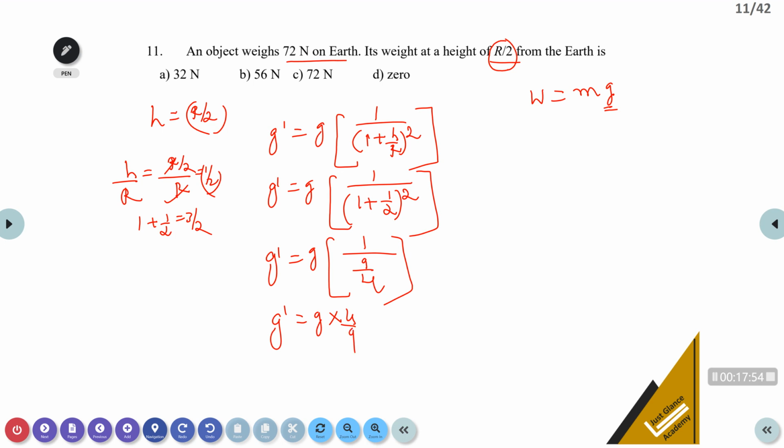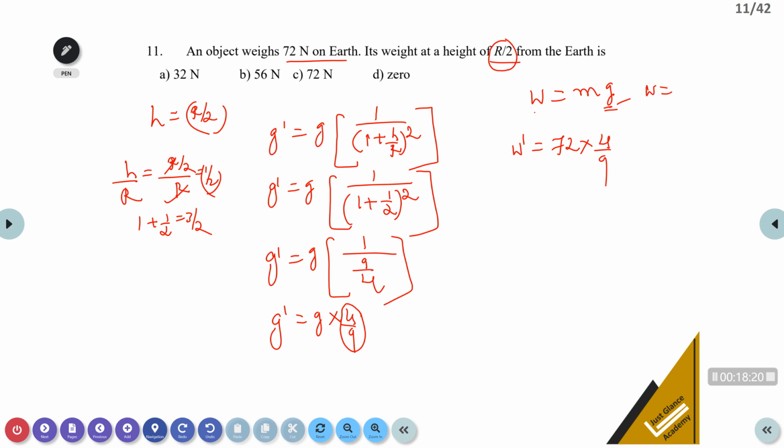That means the acceleration due to gravity decreases, by 4 by 9 times. When g decreases, weight also decreases, 4 by 9 times. That means W dash equals 72 into 4 by 9.